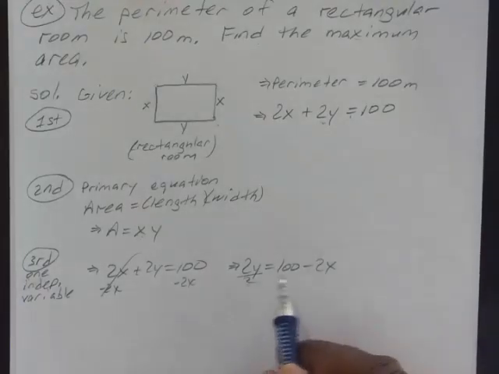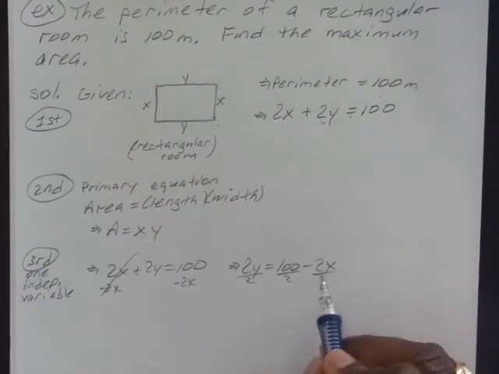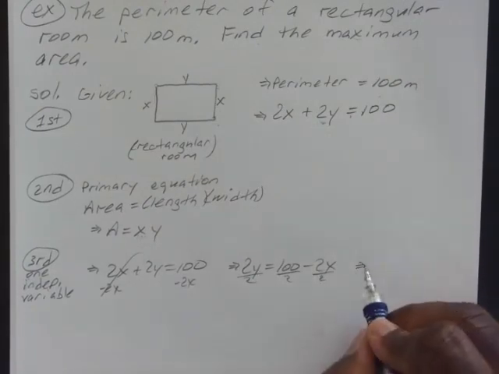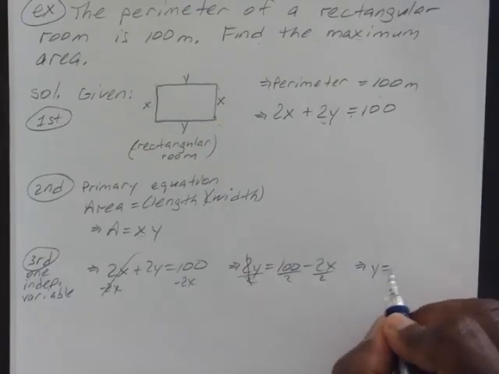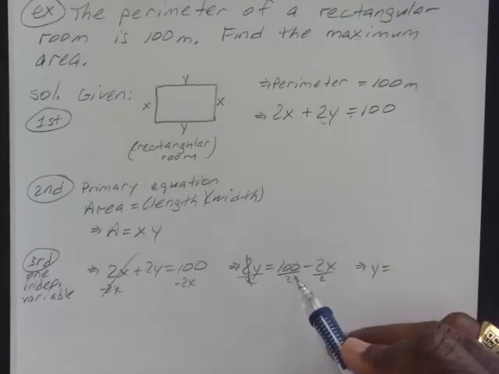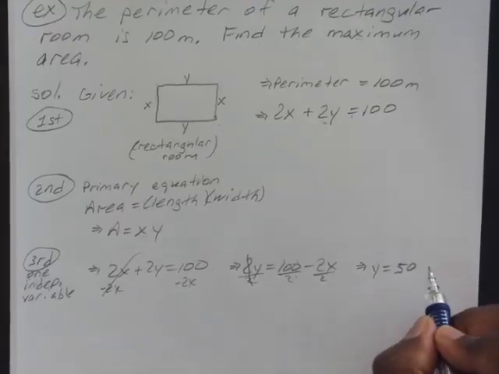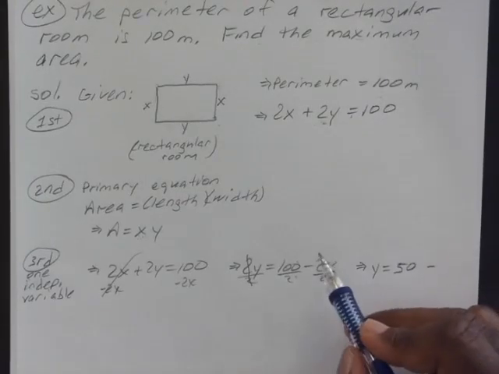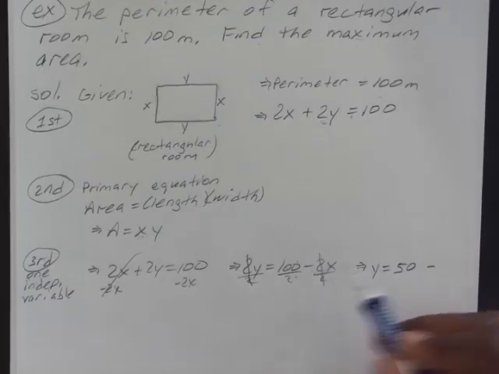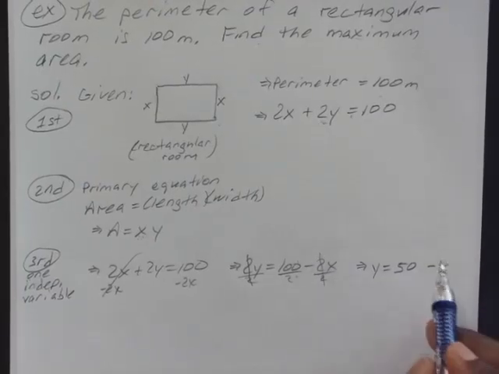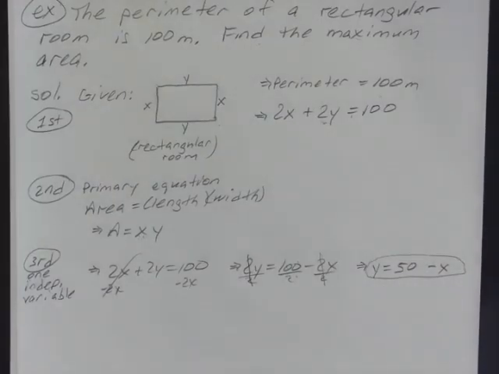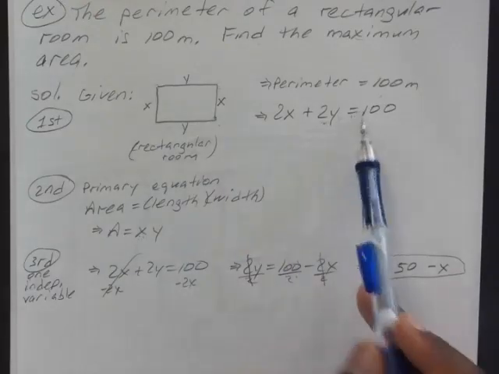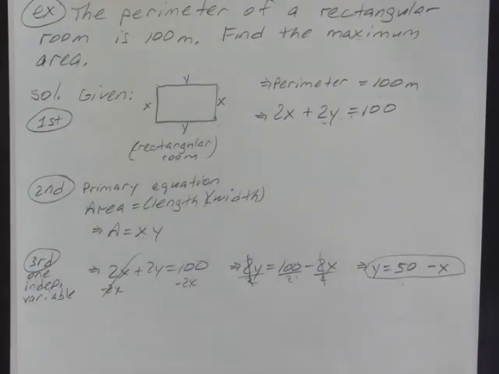So if we divide each term by 2, those two cancel out. So we have y is equal to 100 divided by 2 is 50, minus, these 2's cancel out, so it's just minus x. Okay, so we were able to take this and create our secondary equation.